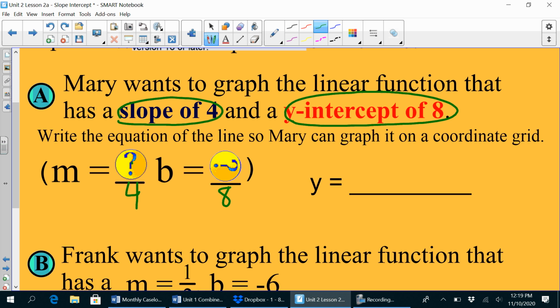Now I'm going to take the slope and the y-intercept. We know that it's going to be y equals, so let's fill that in. Our m, or our slope, is 4x plus, and what was our y-intercept? 8.